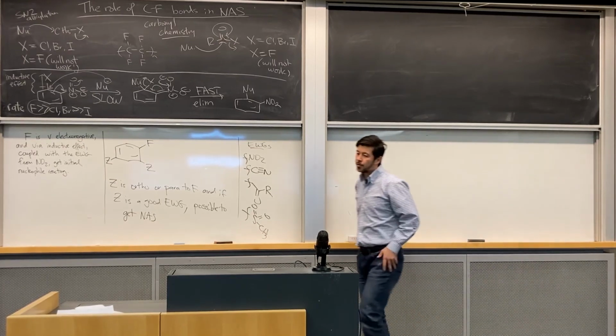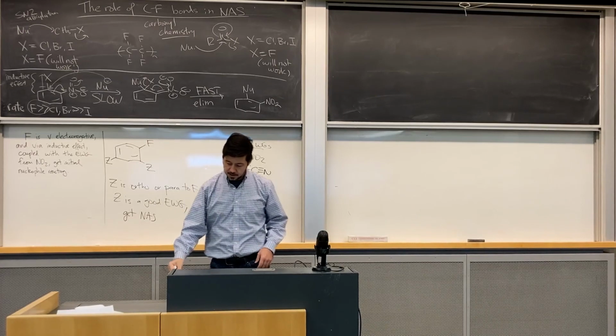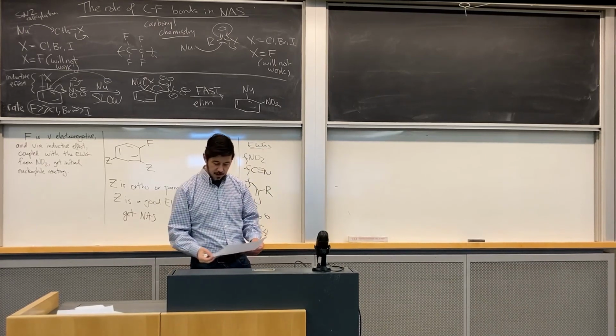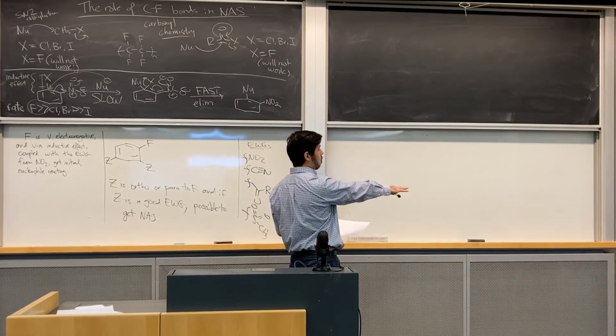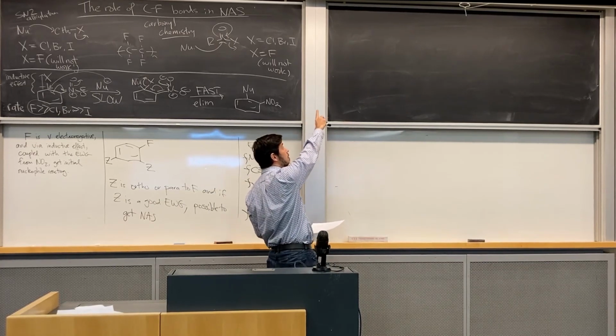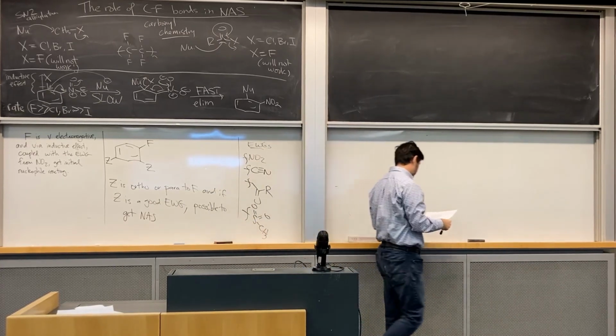So maybe what I'll do first is I'll draw the structure of a floxacin in the lower right-hand corner. We'll start at the left here, kind of work our way down.